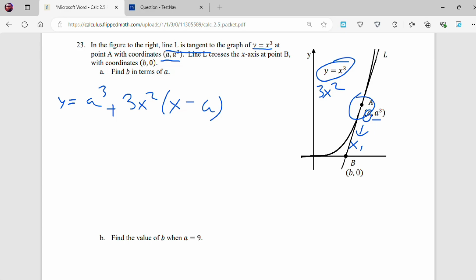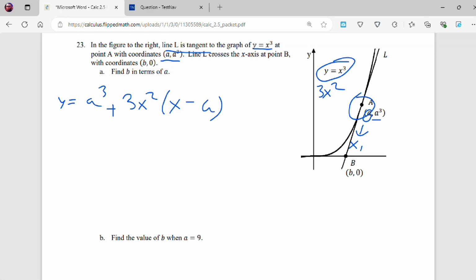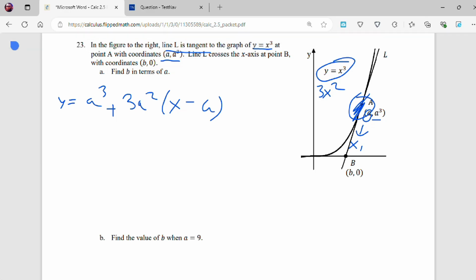Let's try to get rid of some of these x's. Remember, we can't have our derivative be in the x form. We have to have our derivative at a point, and at this point our x equals a. So we're going to do 3a squared.